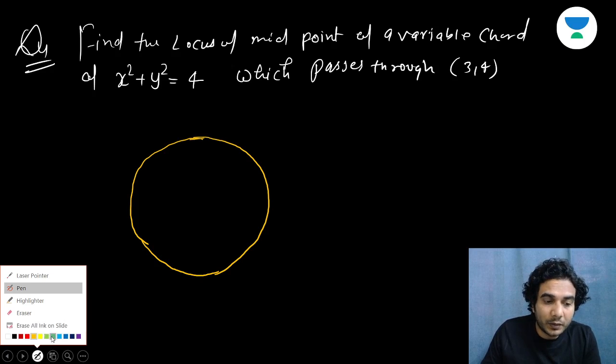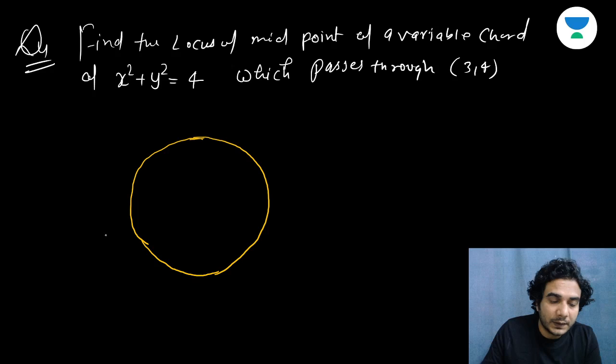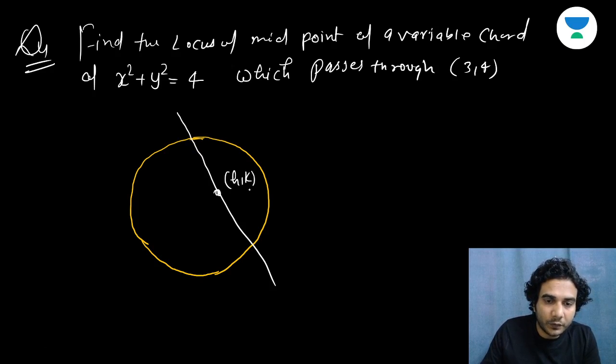How do you start? First of all, you need to draw this line, one of the chords, and take its midpoint as (h, k), because you need to find the locus of the midpoint. Okay. Now the first point is this. After doing it, you can write the equation of chord AB.